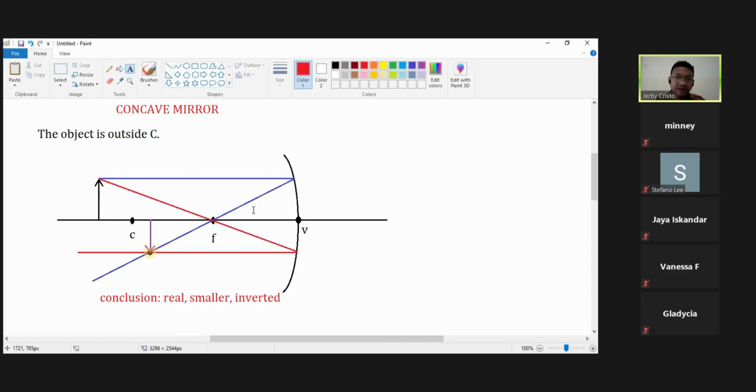So those are the other five cases, and you are to discover how the image would be if you place the object at those locations. That's for concave mirror. Now this time, let's do convex.